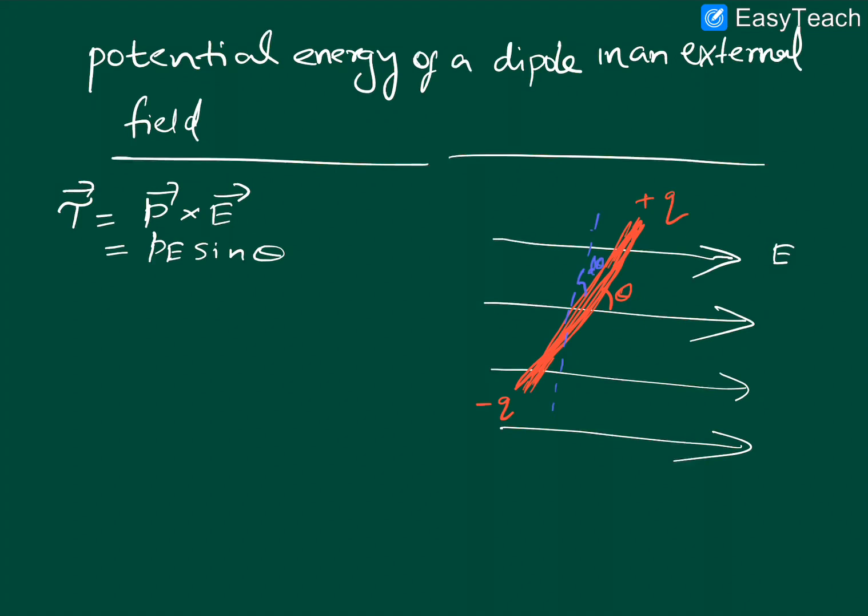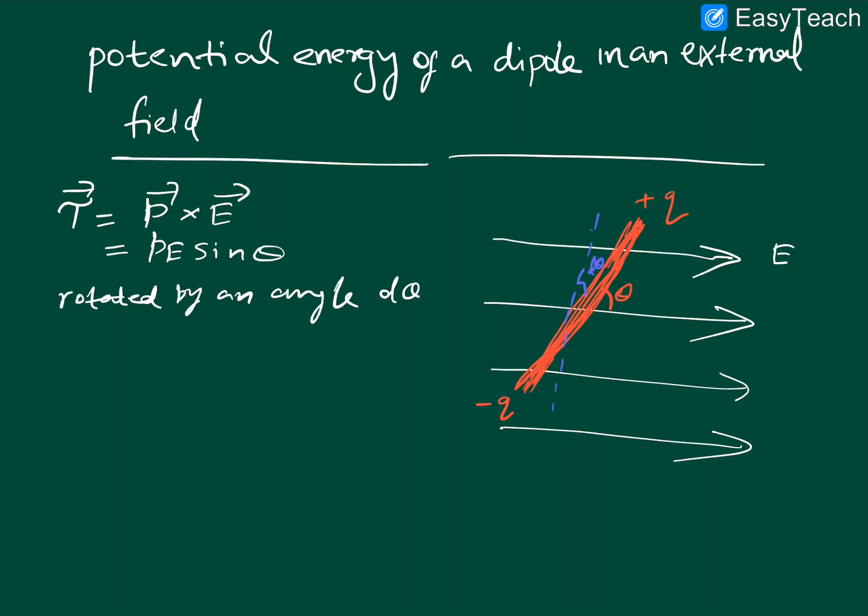Initially it is at an angle theta. Now with the application of an external torque, given by the external field, your dipole is rotated by an angle d theta.